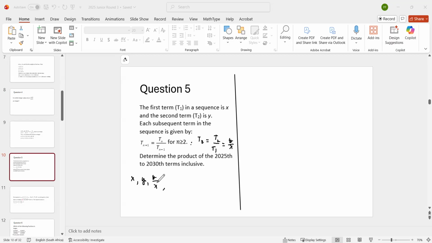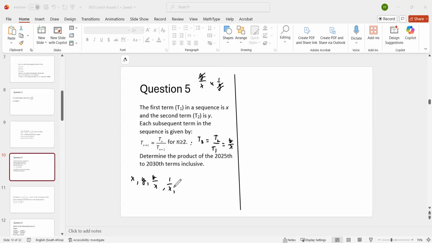So the fourth term will be this over this. Now y over x divided by y, I'll do only this. Y over x divided by y, this over this, is actually, in other words, this time is 1 over y, right? Dividing, y is cancelled, and you have 1 over x.